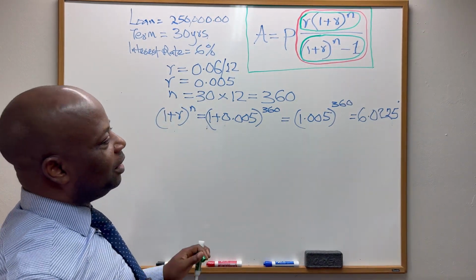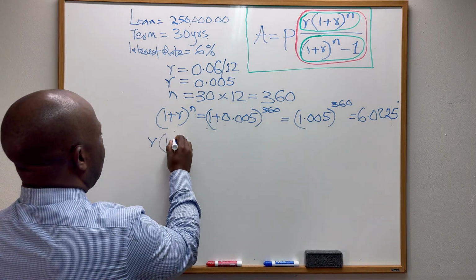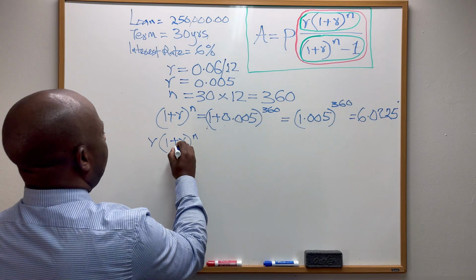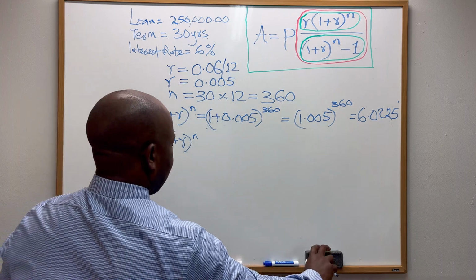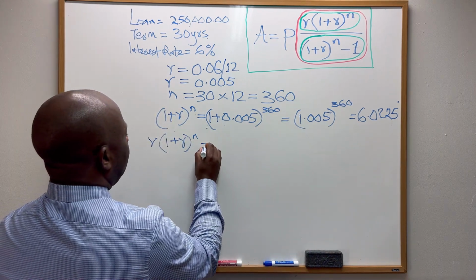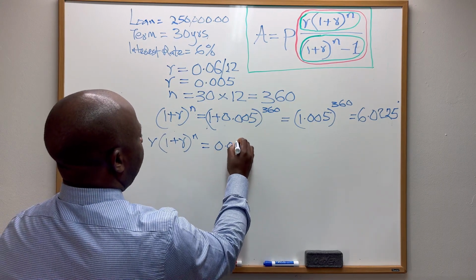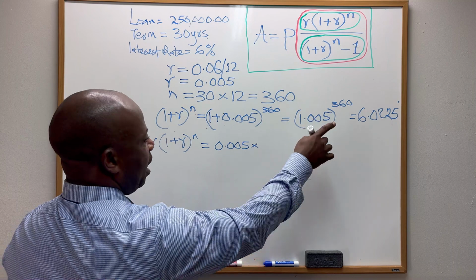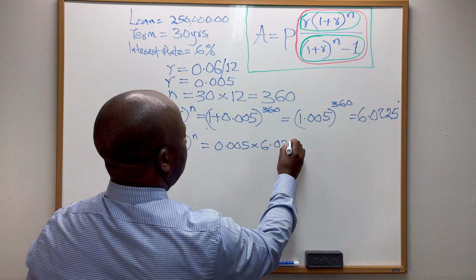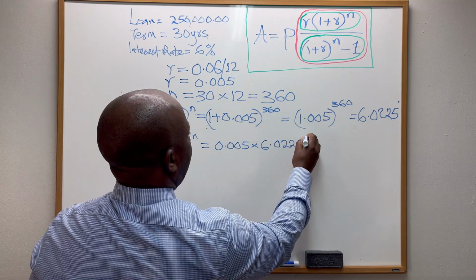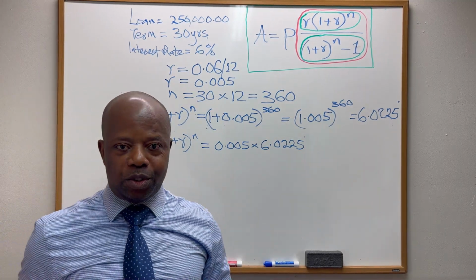So for the numerator, r into 1 plus r raised to power n, I'll multiply our rate 0.005 by that number, 6.0225, and like we said, we use the dot to indicate that that number continues.